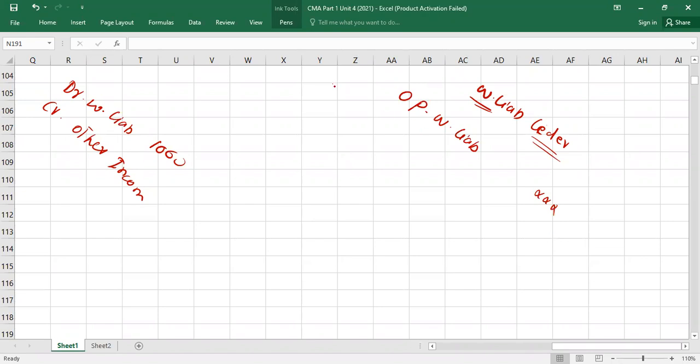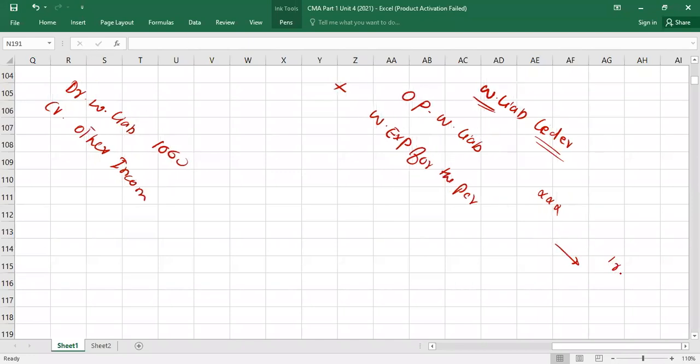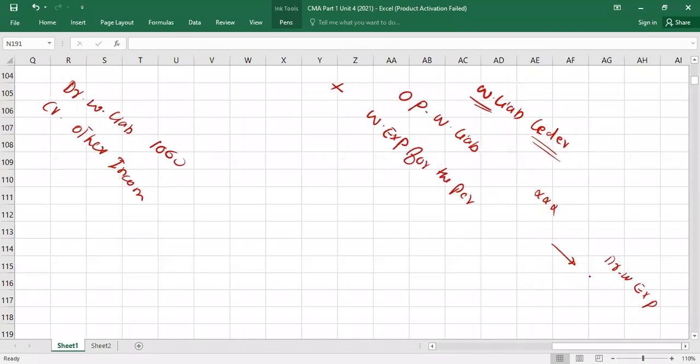You will add here the warranty expense for the period. Do you remember when you record warranty expense, what entry you pass at that time? You debited the warranty expense, and you credited warranty liability. So liability is credit, that's why you have added it here.